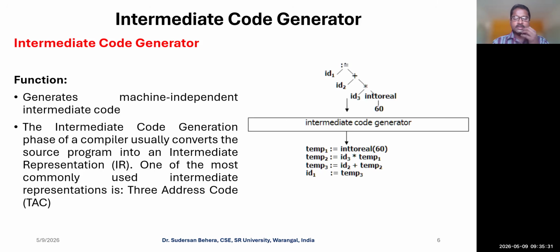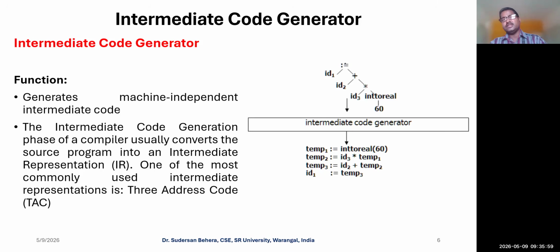Three address code means a code where a maximum of three operands can be placed. There may be only one operand, there may be two operands, but at most three operands, not beyond that. Such a representation is called three address code.